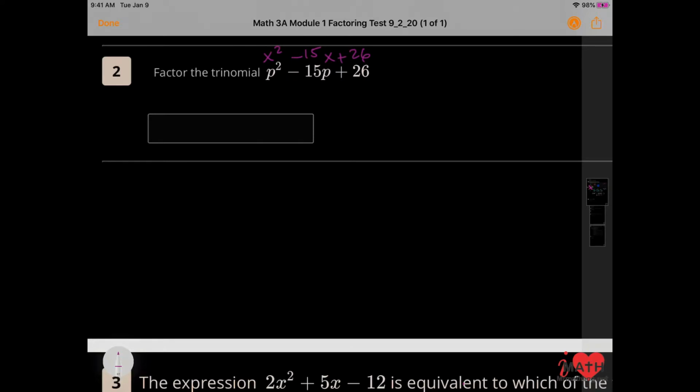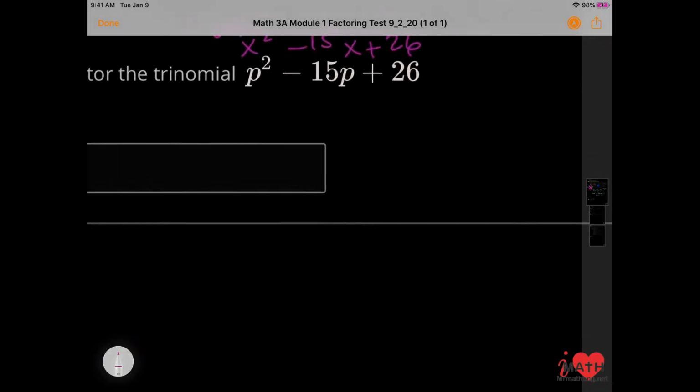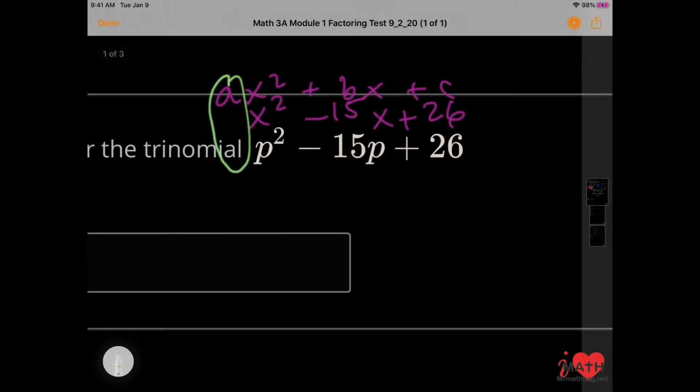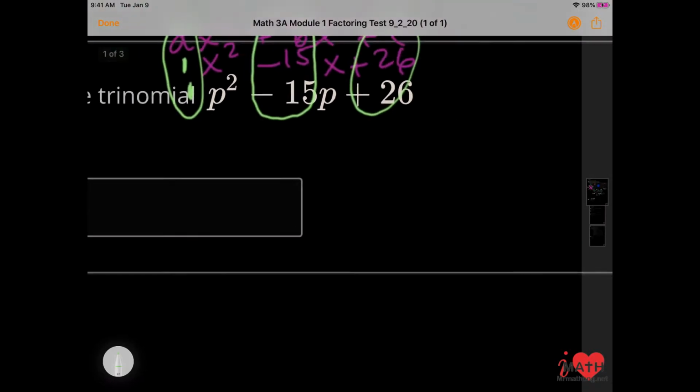So let's just go ahead and do this problem. I have ax squared plus bx plus c. So this is going to give me an a value, doesn't matter if you're using it here, it's 1. My b value, which is negative 15, and my c value, which is 26.